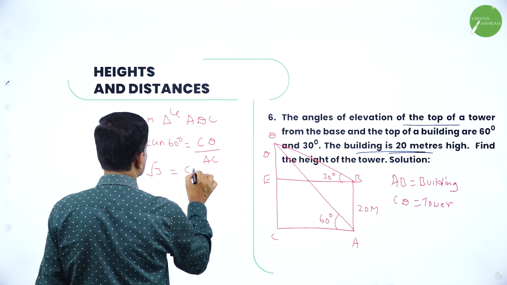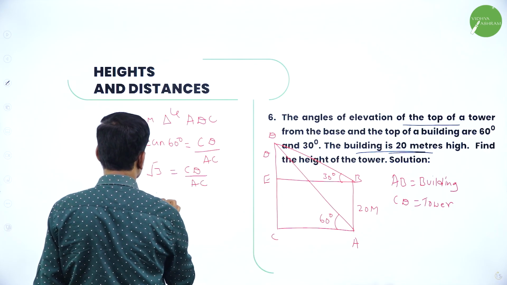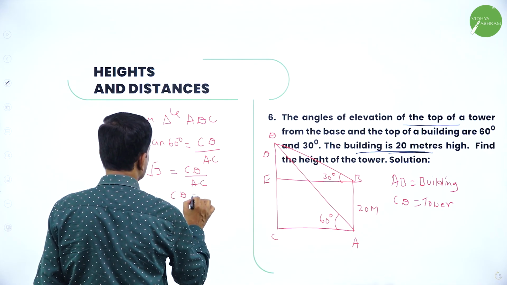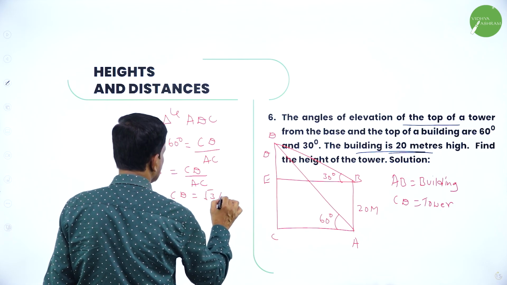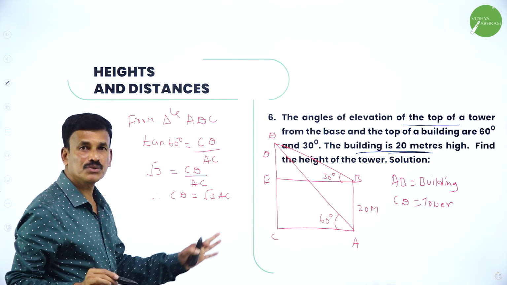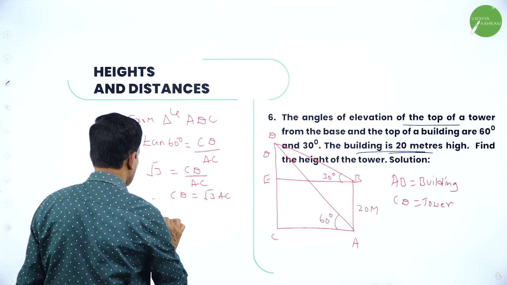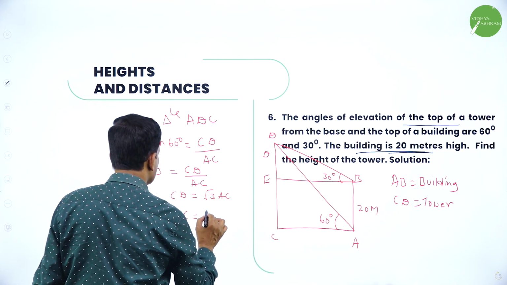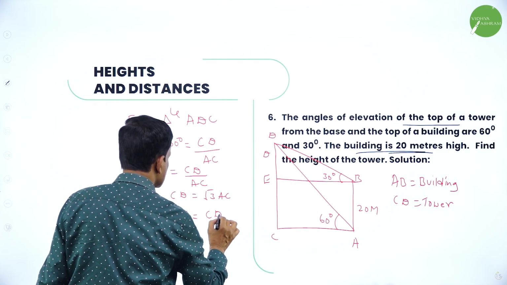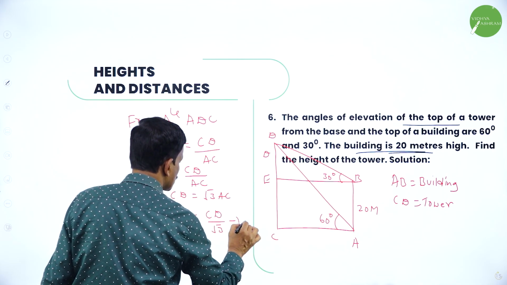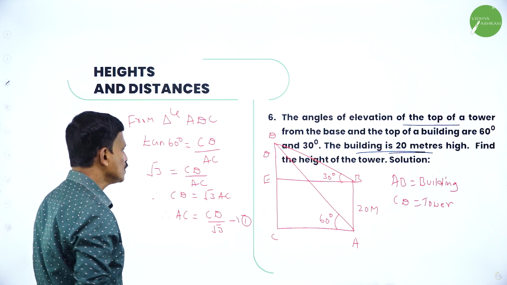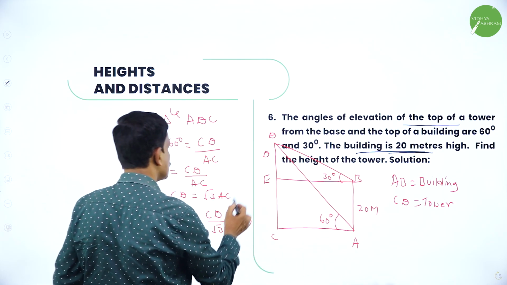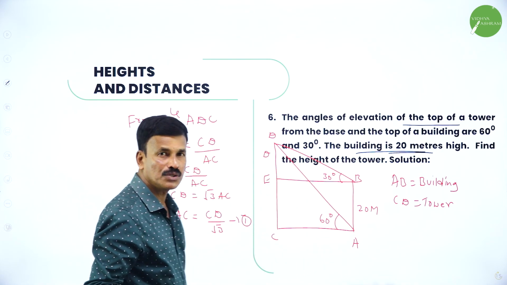Root 3 is equal to CD by AC, cross multiply it. Therefore, CD is equal to root 3 times AC. So the distance AC is equal to CD divided by root 3. Let us represent this as equation number 1.